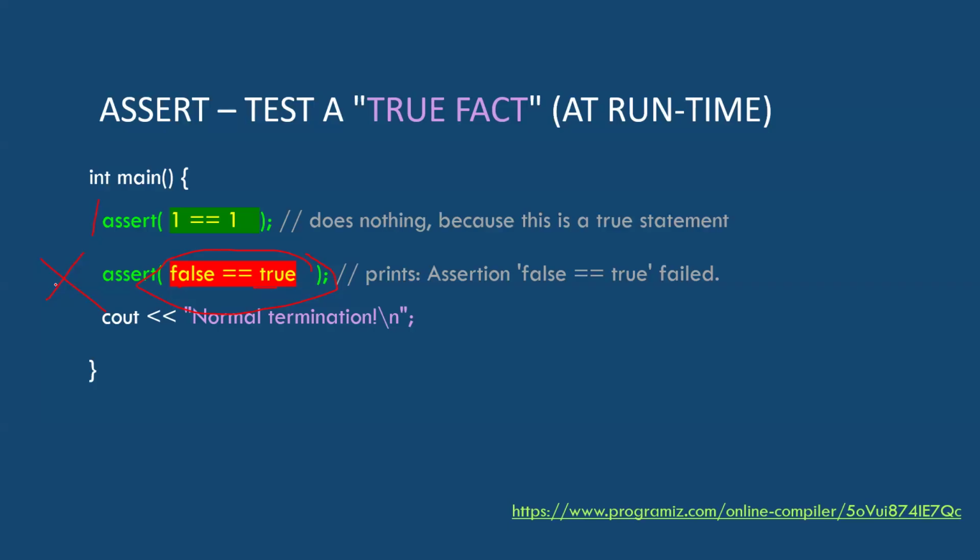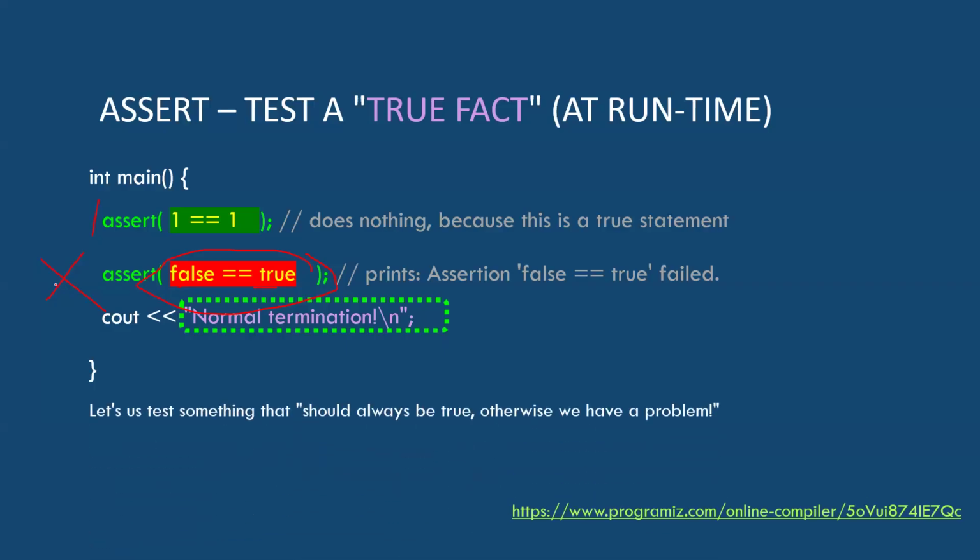So normally you do asserts around things you're pretty sure are true, but if you find out they're not true, you want to know about it pretty darn quick, okay? So that's something you put in your code maybe when you're struggling to understand what's going on, right?